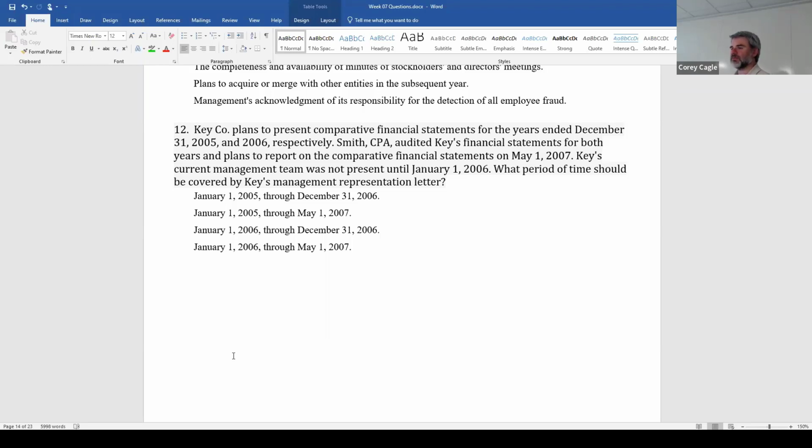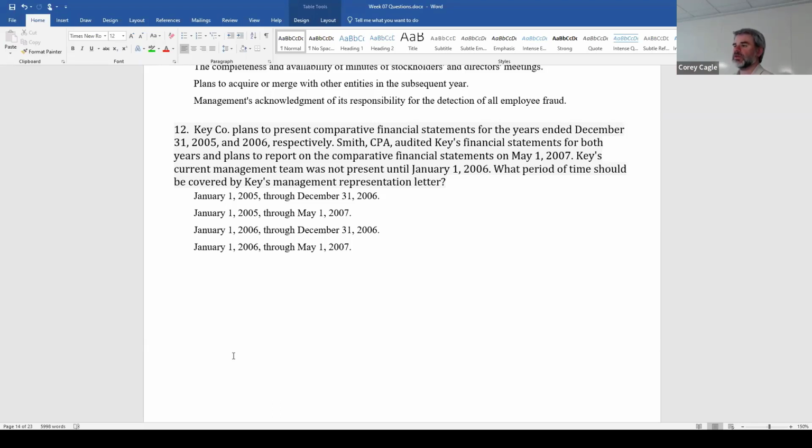So you kind of stumble and you're like, well, does the rep letter need to cover just after January of 06, or does it need to cover the period of time that covers all the financial statements being presented? And the answer is, who cares what management was in place, right? The rep letter needs to cover the period of time of the reports that are presented all the way up through the audit report date.